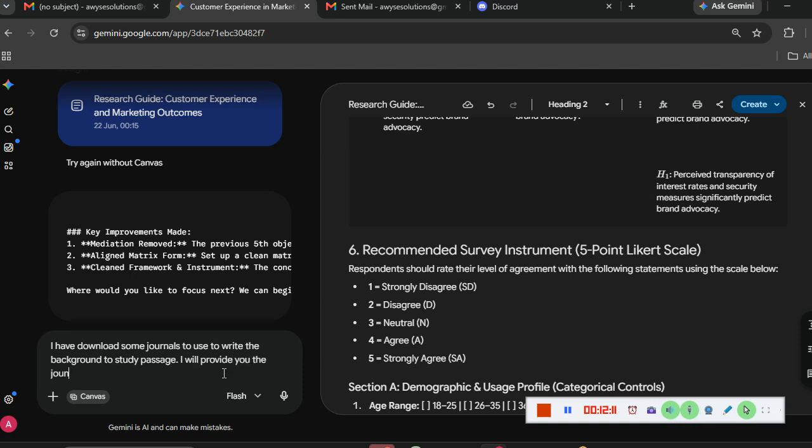The journal, it cohesive, strong background.